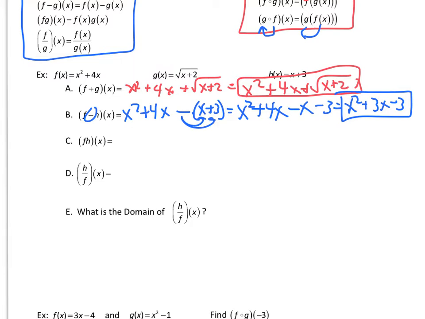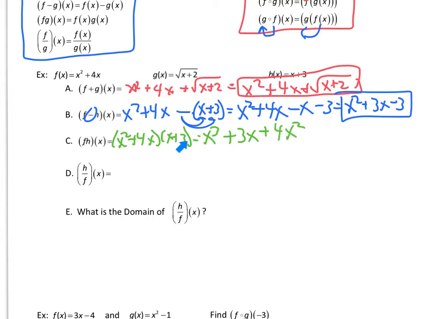Then fh means I need to do x squared plus 4x times x plus 3. And yes, you're going to need to FOIL these out. So I'm going to do x squared times x first. That gives me x cubed. Then outside, x squared times 3 gives me 3x squared. Then inside, 4x times x gives me 4x squared.